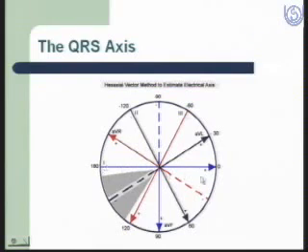Lead 1 will be oriented this way, lead 2 will be oriented this way, and lead 3 will be oriented this way with a positive and a negative pole. Similarly, AVL, AVR, and AVF. So we have to calculate the QRS axis in the frontal plane using this hexaxial vector method.